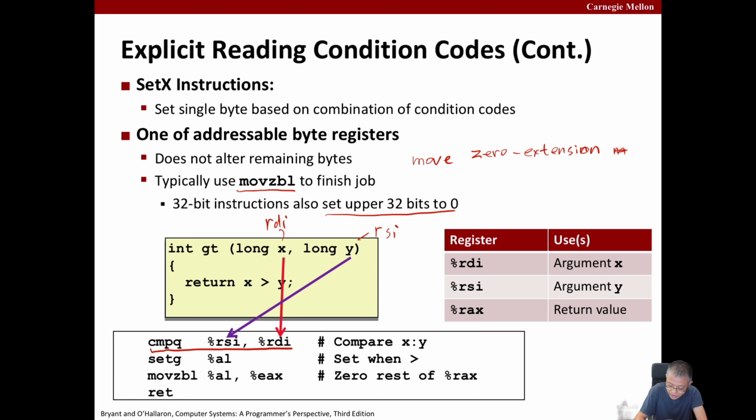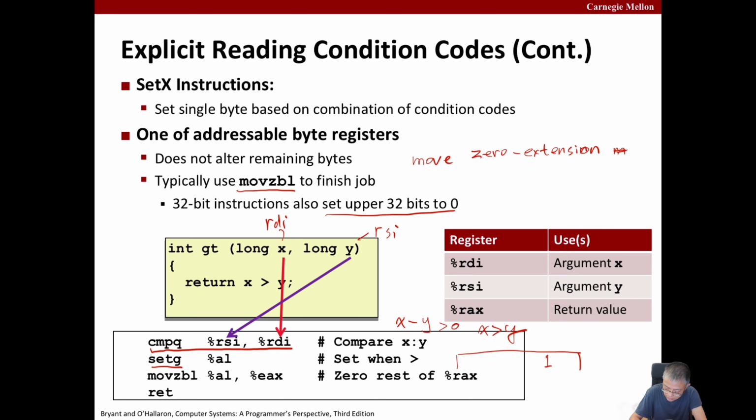So basically, it will calculate x minus y and set the flags. If it's greater than 0, it means x is greater than y, so it will set AL to be 1.